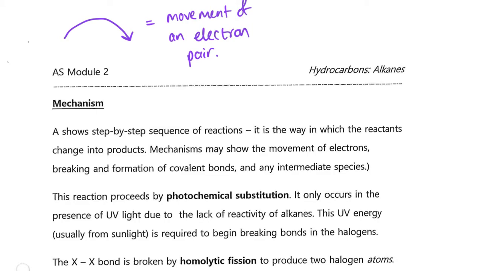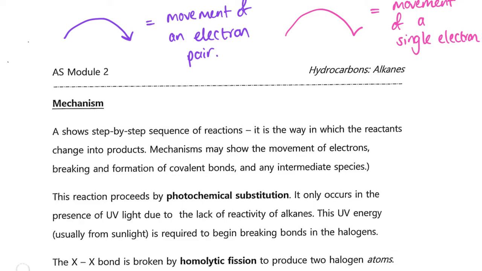This mechanism of the photochemical substitution of alkanes with a halogen uses a single-headed arrow, like this. You can see that it's essentially like half an arrow, and that represents the movement of a single electron rather than an electron pair.